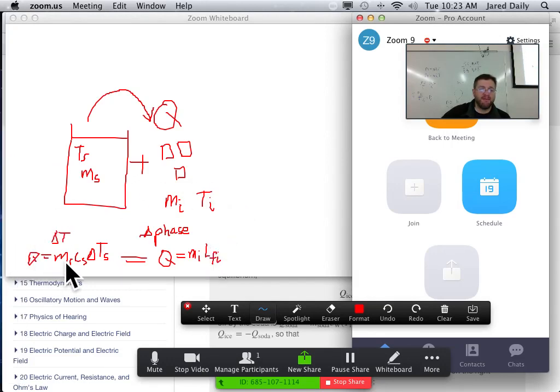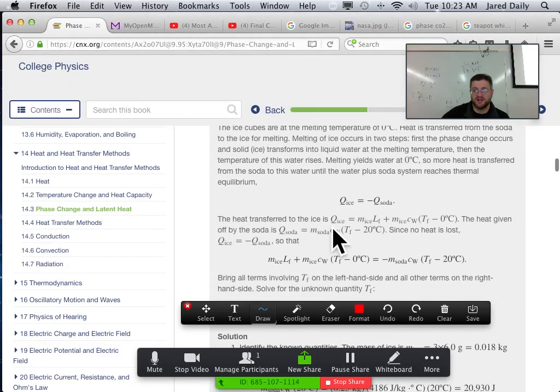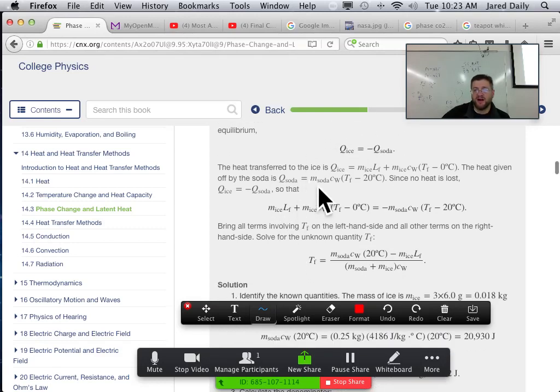So we want m_s c_s delta T_s, and let's go see if that's what they give us. They're saying the Q of the ice is going to equal negative Q of the soda. That's just because it goes in and one comes out the other, and that's fine. They write it in two different ways because they say here, well, the change in temperature of the ice. Well, the ice doesn't change temperature, so that ends up being 0.